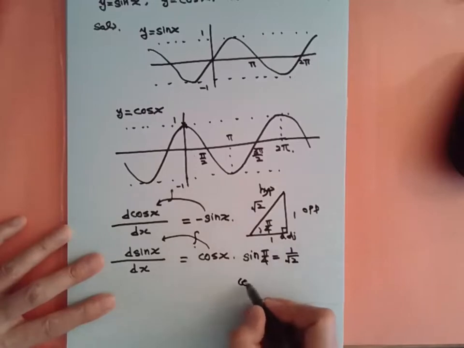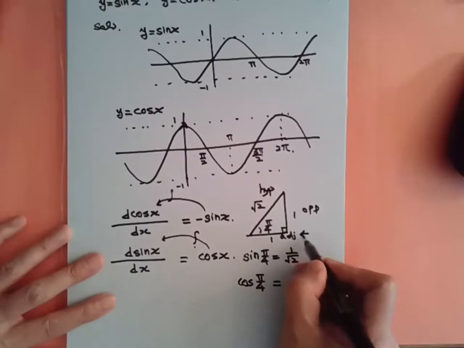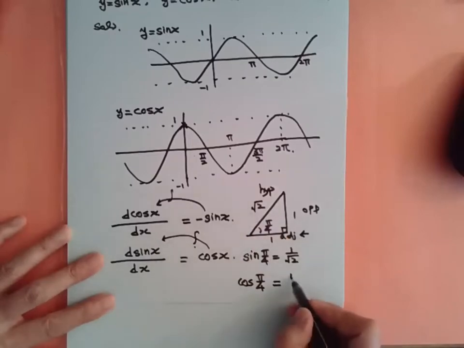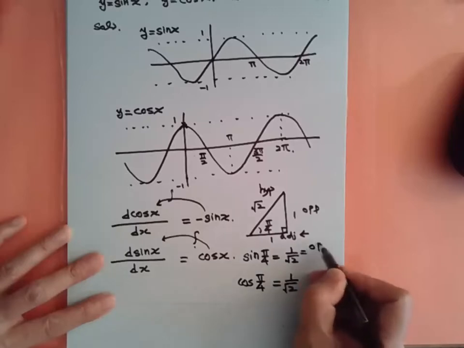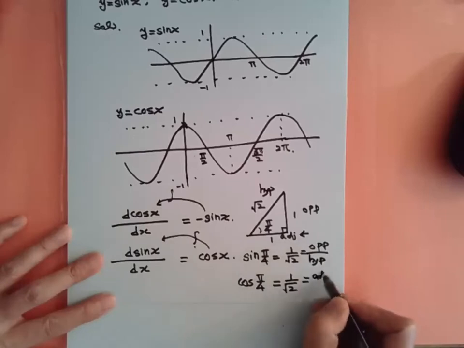And cosine of pi over 4 is adjacent over hypotenuse. Again, that is 1 over square root of 2.